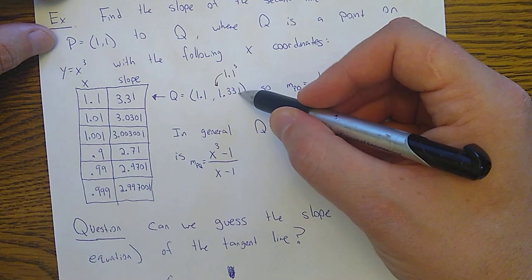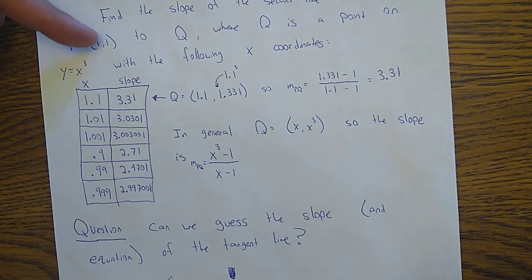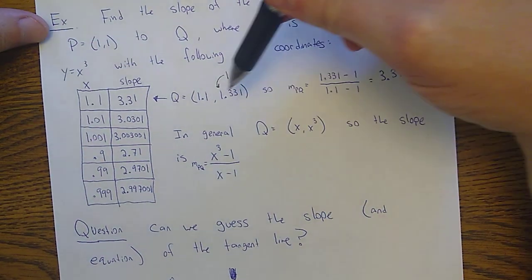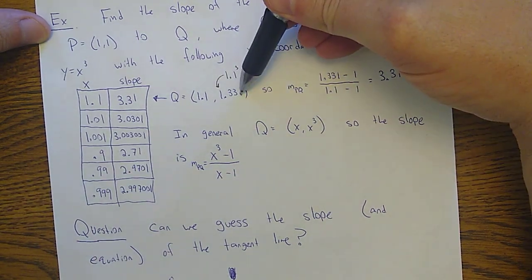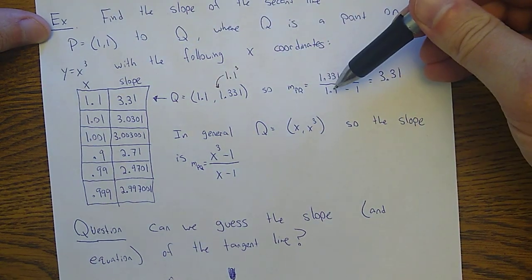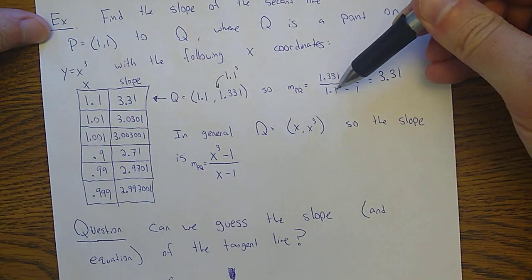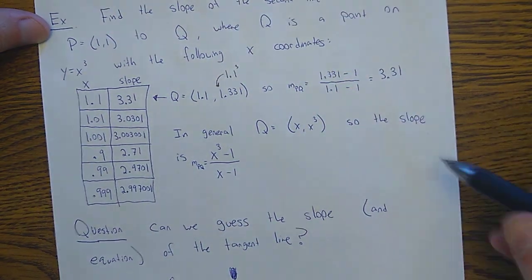And then what I want to put here is the slope between this point and this point. So again, I do rise over run. I subtract the y coordinates, and on the bottom I subtract the x coordinates.